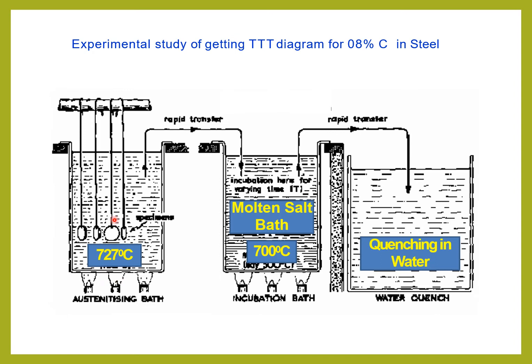After converting into austenite, we keep one sample in a molten salt bath, that is called the incubation bath.